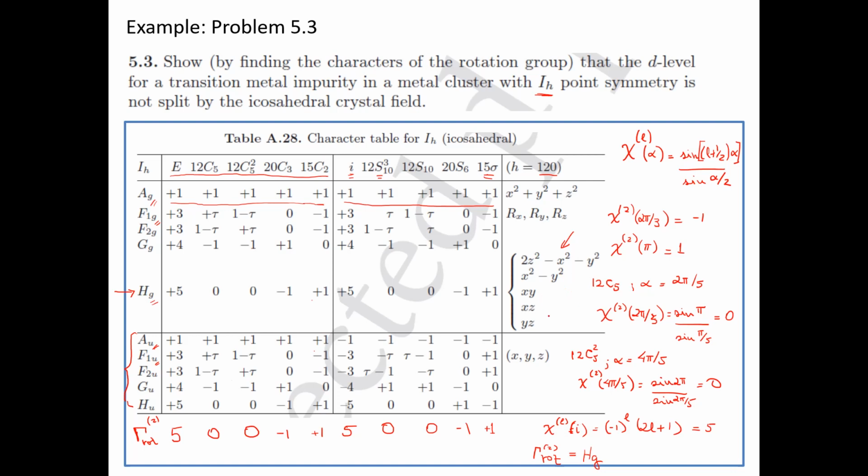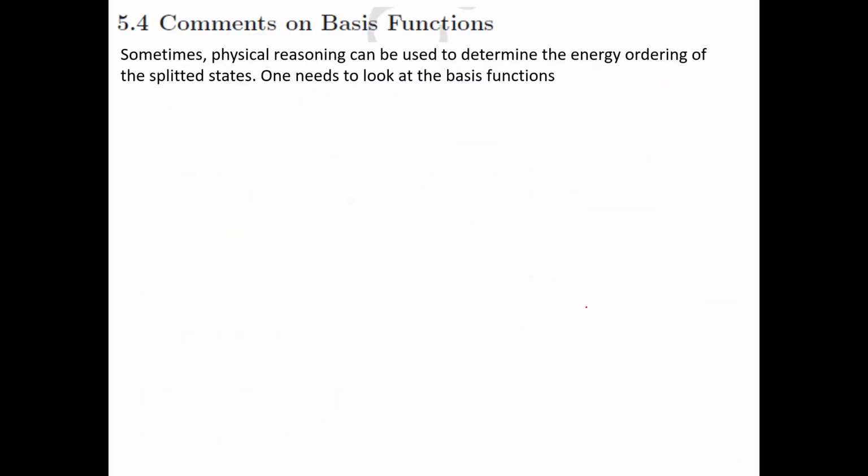If you don't know that, you're going to see it many times. These are precisely the shapes of the five different d orbitals in Cartesian coordinates. So by looking at these five different basis functions and identifying them with the 5d orbitals, it's another way to right away understand that the d states are not split by the icosahedral field.